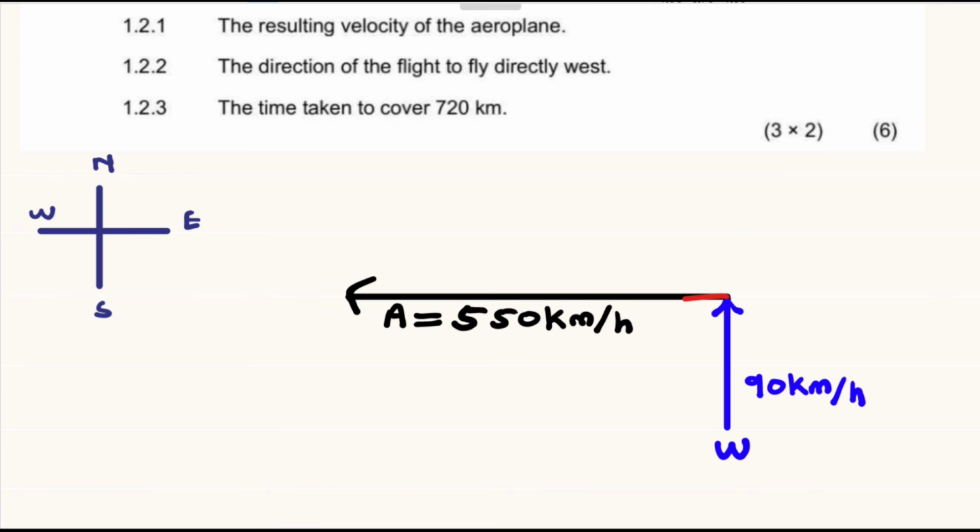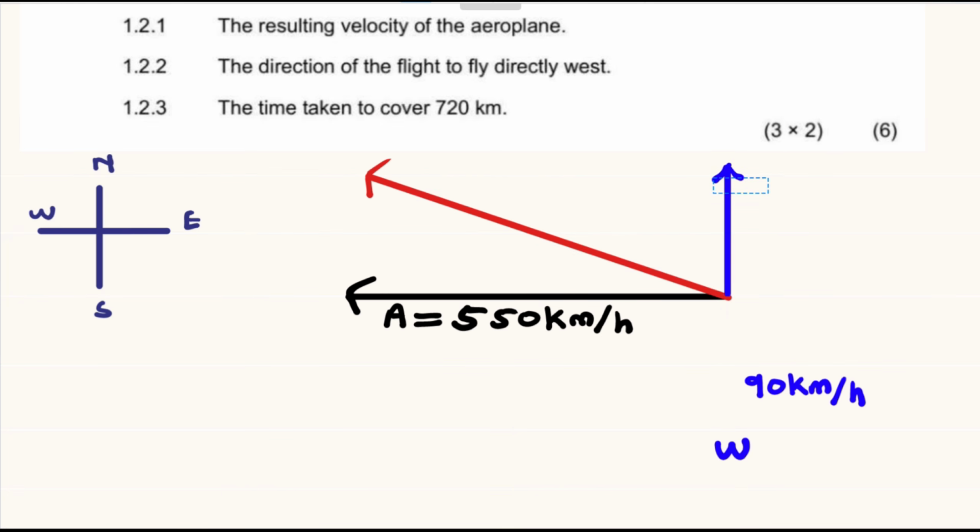Remember that the aeroplane intends to go directly west at 550 kilometers per hour, but the wind is going to push it so that it takes the direction northwest. Remember that velocity is a vector quantity, so we can move the vector of this wind and join the tail and the head of the aeroplane and the wind.